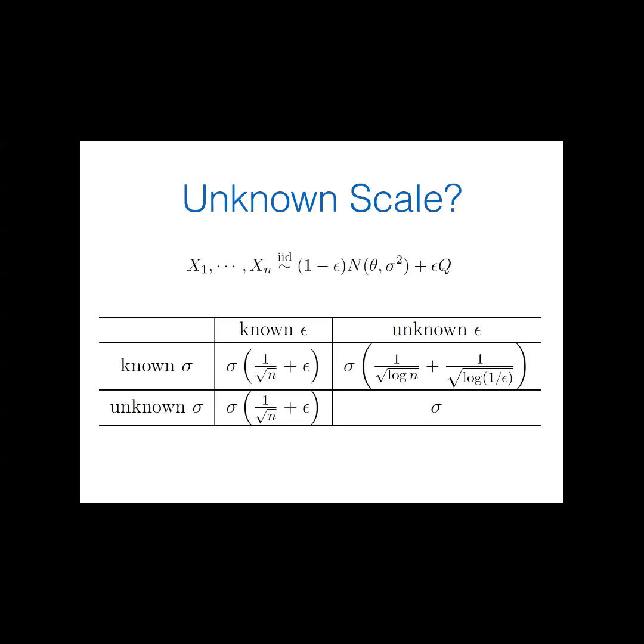Okay? And if you compare the first column and the second column, there is a huge contrast, right? So if you know the value of epsilon, then it doesn't really matter whether you know sigma or not. It's all the same. But if you do not know epsilon, and additionally you do not know sigma, then you would have additional adaptation cost. That's a subtle difference. Yes, please.